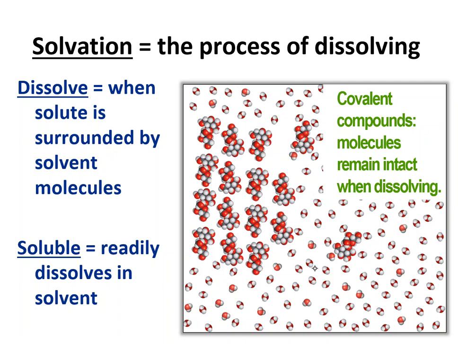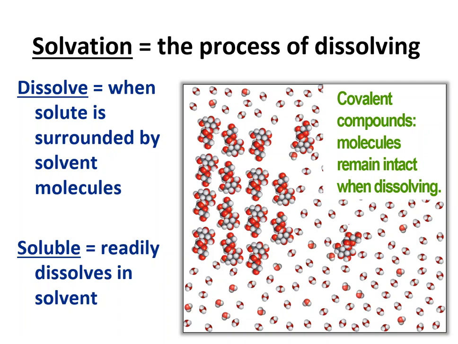But when it dissolves, what's happening is that the individual molecules are floating off and they're getting surrounded by water. This picture doesn't probably show as much interaction as it could between the molecule and the water. The water's kind of attached around, but the solvent molecules surround the solute.